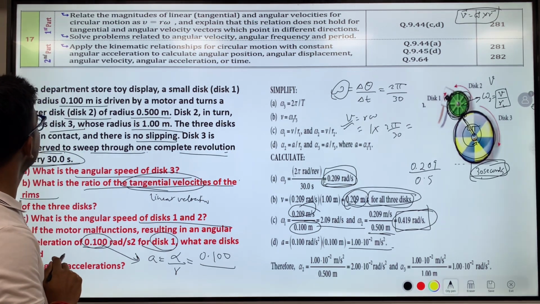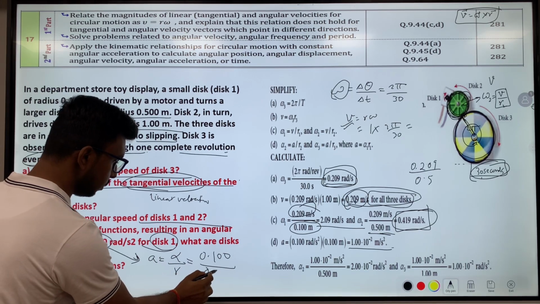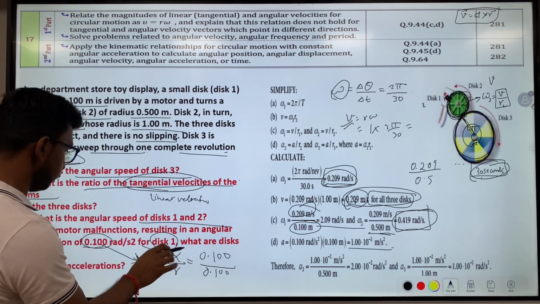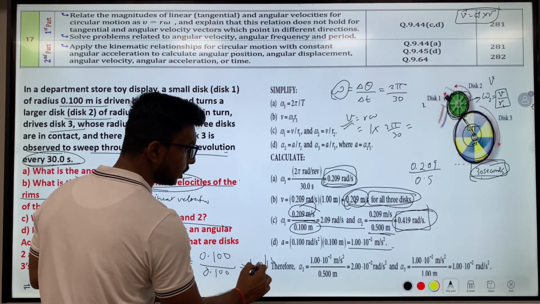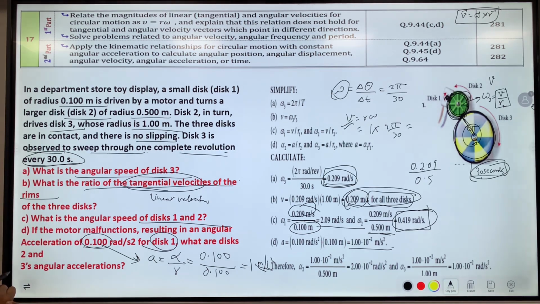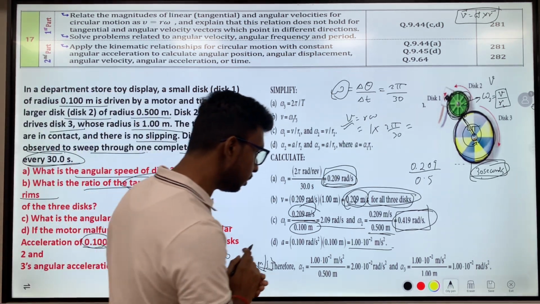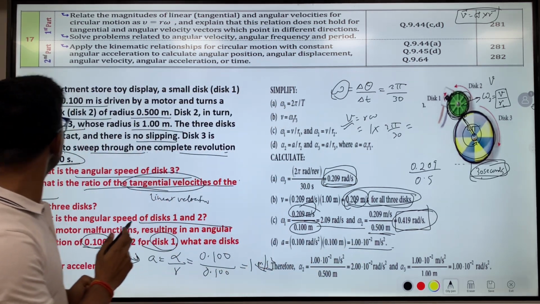Is there centimeter? 0.100 over 0.100. Yeah, this comes out to be 1 meter per second square. This is a, acceleration. Why have they put here 1 into 10 to the power minus 2? Is it centimeter or meter?